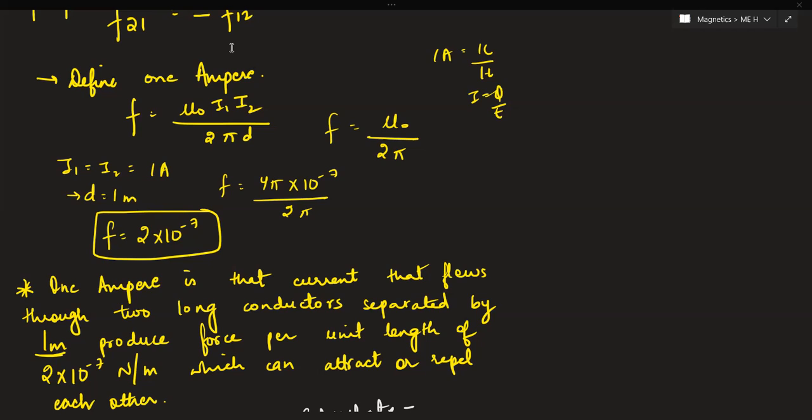Darshan, just wait for 5 minutes. After 5 minutes, I'll just show you the paper. I'll show it together only.